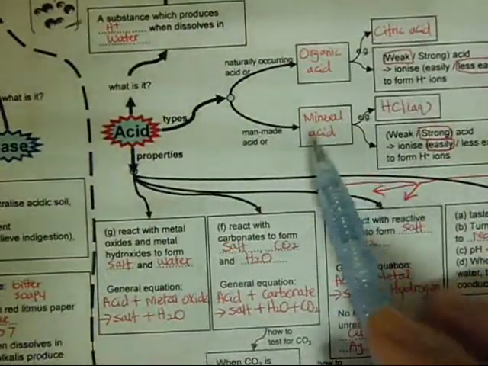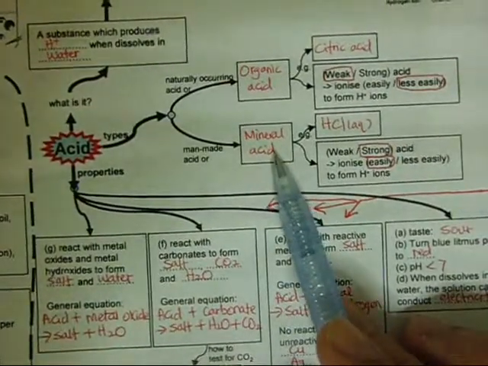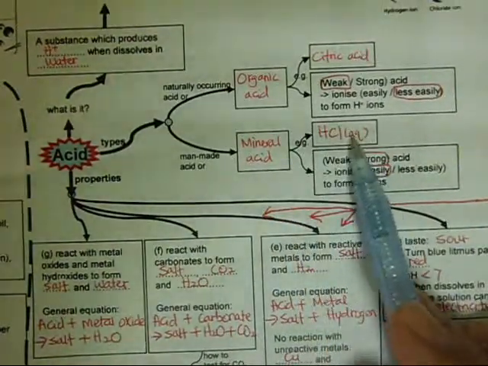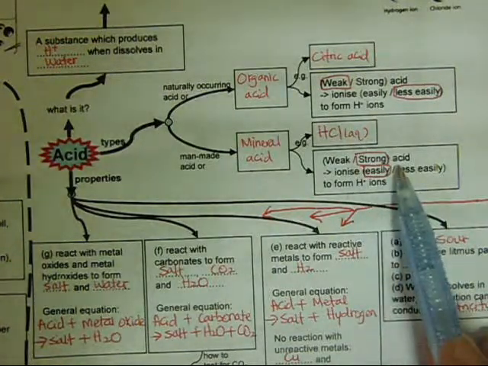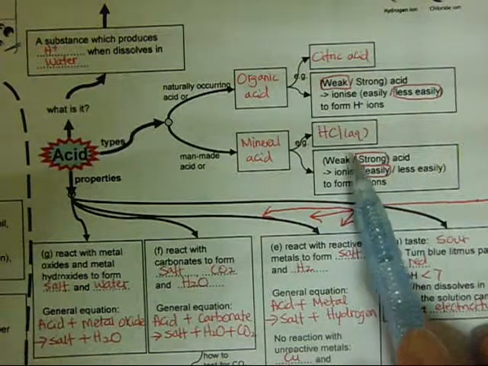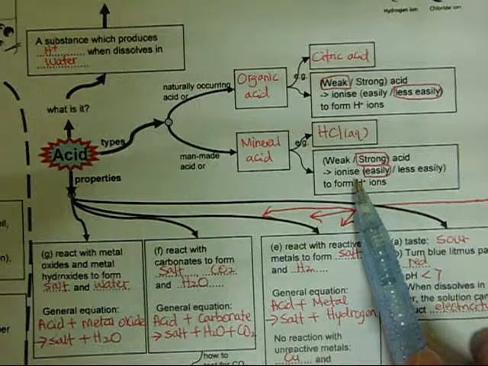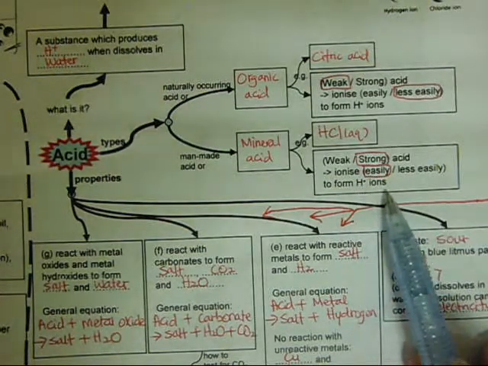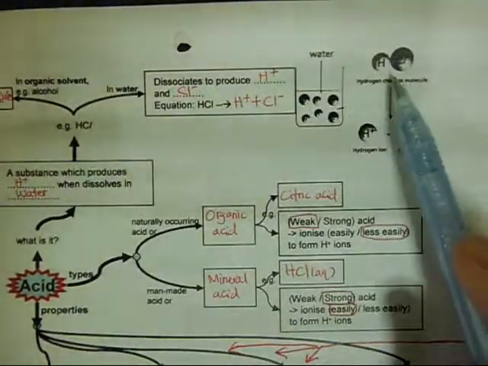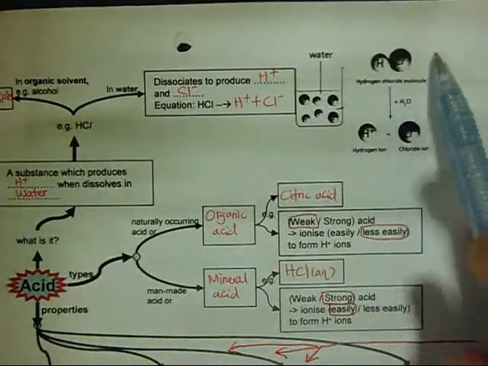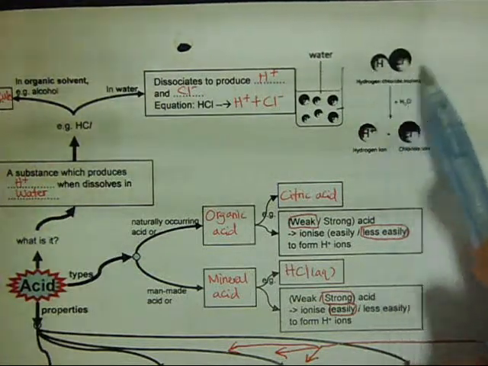Now contrast this with inorganic acid or mineral acid. An example would be hydrochloric acid. And hydrochloric acid is a strong acid. Why? Because when hydrochloric acid dissolves in water, it would dissociate or ionize easily to form hydrogen ions. Meaning that when HCl dissolves in water, almost all of the HCl molecules will not remain in molecule form.